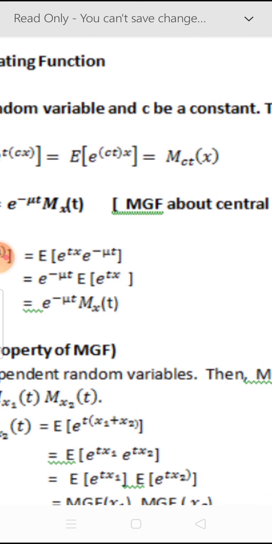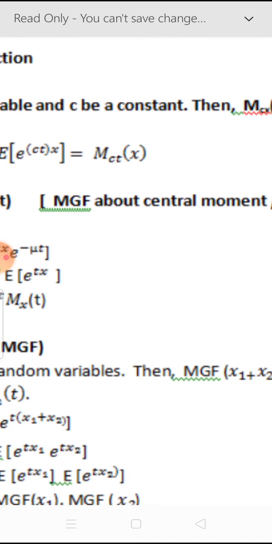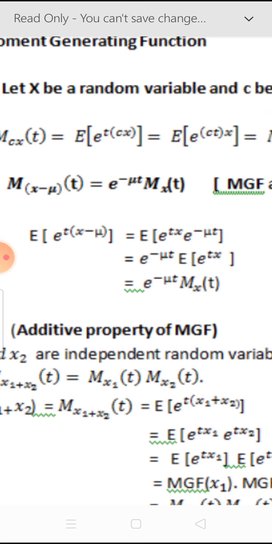And next we find the moment generating function about the central moment, mean mu. So here mu is called the central moment. We are going to find the moment generating function about the moment mu.